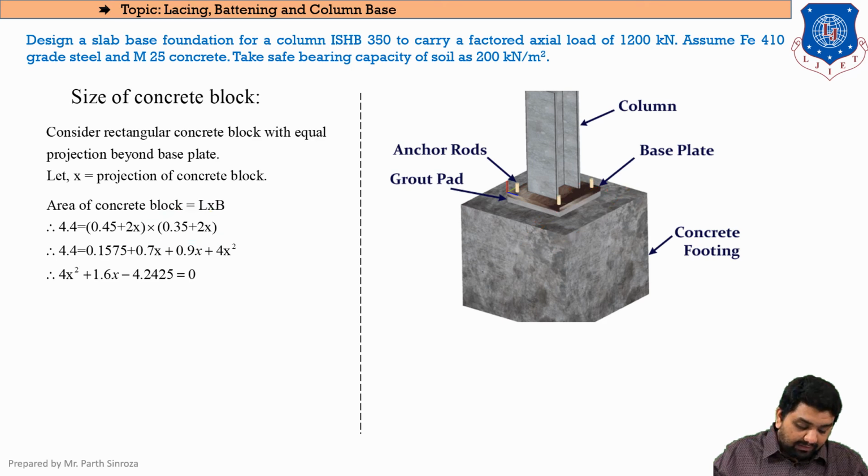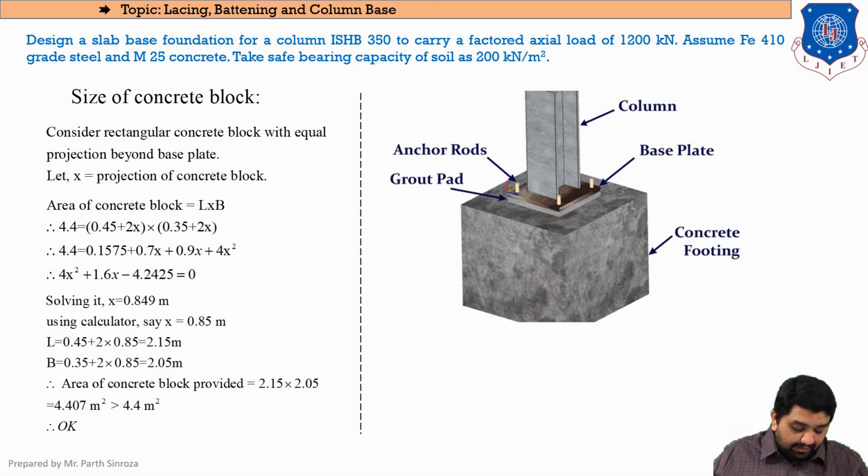So solving it, we get a quadratic equation, and you can solve this quadratic equation either manually or by using a calculator, and the answer for this comes out to be 0.849. So we'll be rounding it off to 0.85. So we'll be taking the projection to be 0.85, and then we'll be calculating the values of L and B, clear? L and B from this equation that we have taken, and the answer comes out to be 2.15 cross 2.05.